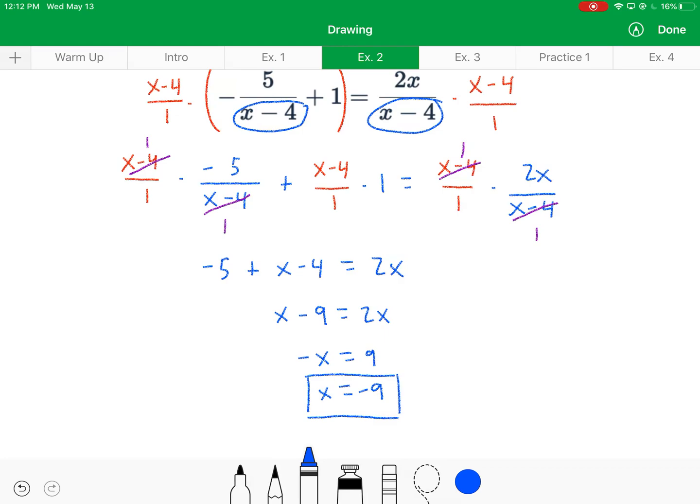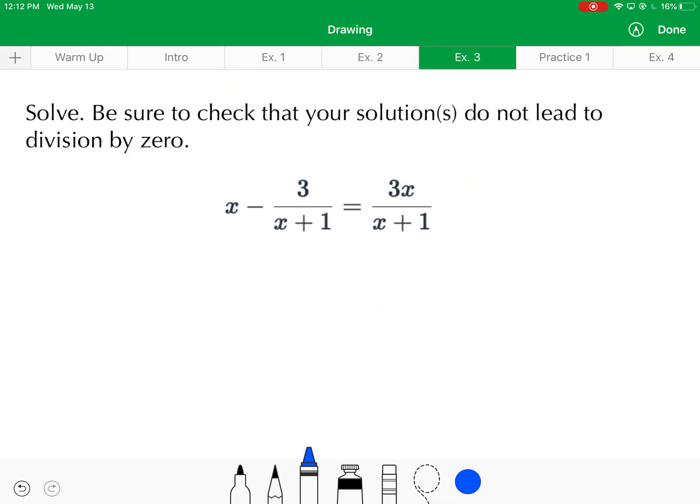Okay. All right, one more example here. You can see the common denominator is x plus 1. So I'm going to multiply both sides by x plus 1 over 1.